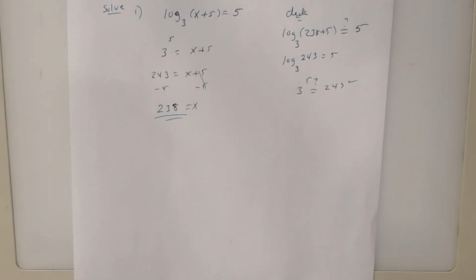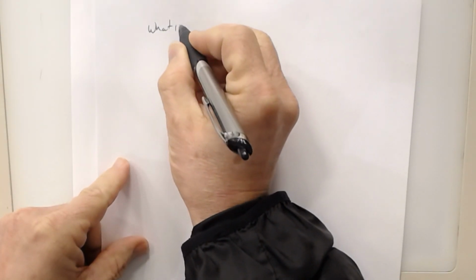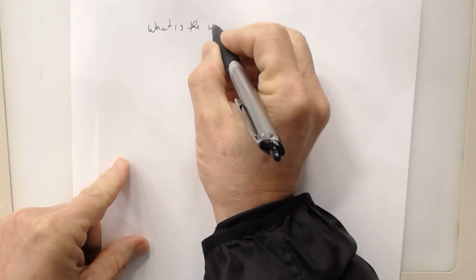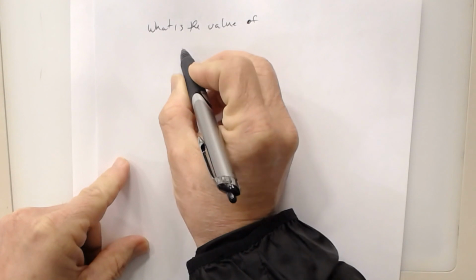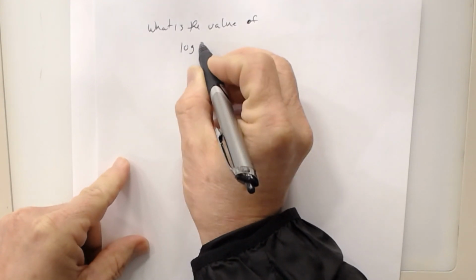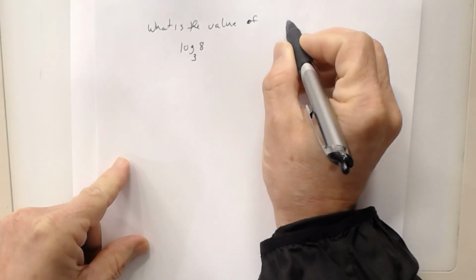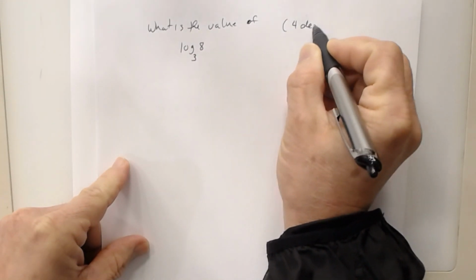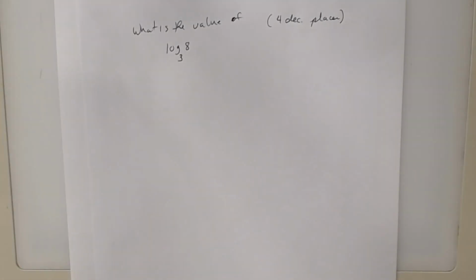So suppose I asked you, what is the value of this? Log of 8 base 3. And then let's round to 4 decimal places. Now, all of you will probably try what you did yesterday.